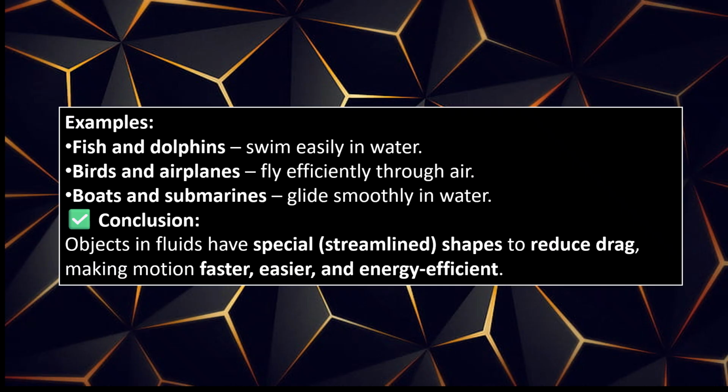Birds and airplanes fly efficiently through air. Boats and submarines glide smoothly in water. Conclusion: objects in fluids have special streamlined shapes to reduce drag, making motion faster, easier, and energy efficient.